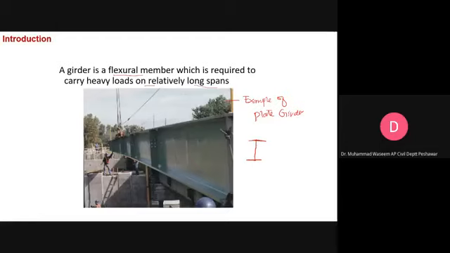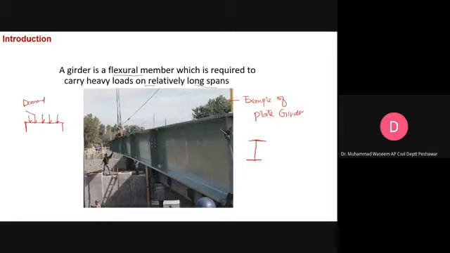Like in bridges, the spans are very large, so you have to come up with some sections, and mostly in bridges the beams are called plate girders, because of the loads coming on the bridges. For example, this is a bridge, and the load intensity on the deck is very high. This is representing the demand.